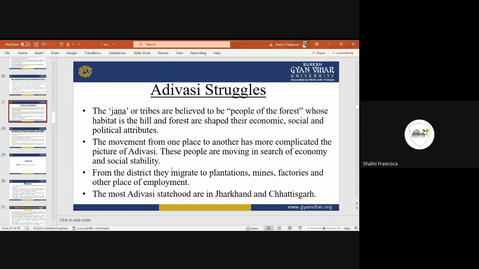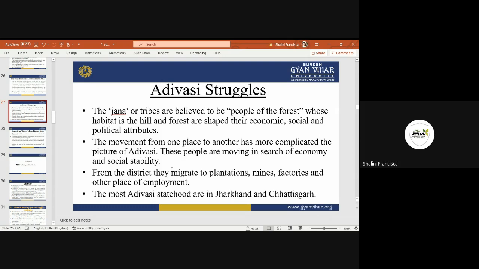Everybody needs economic stability because money is one of the factors that helps the smooth running of a family or a community. So it is required by everybody, not just the higher caste, the lower caste, the Adivasi, or the other OBCs. It's a necessity of everyone.